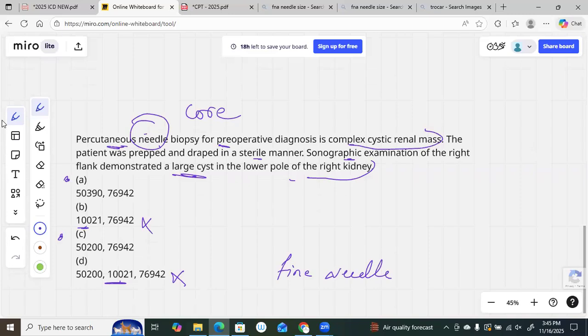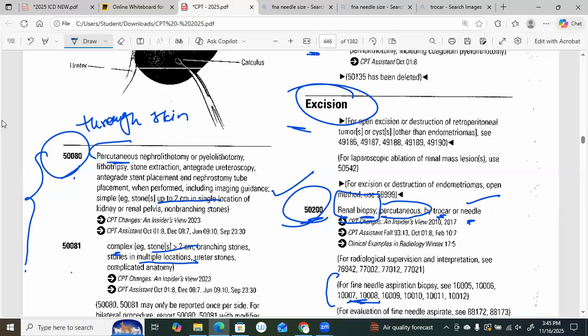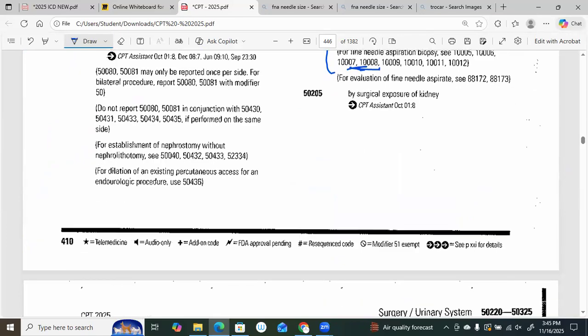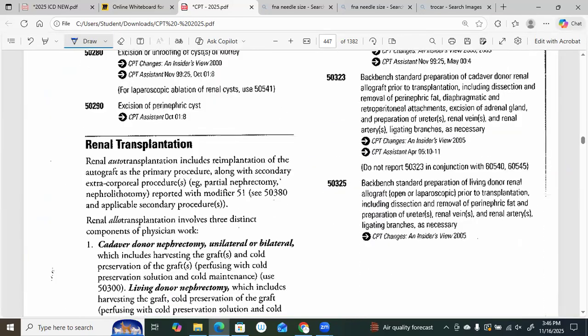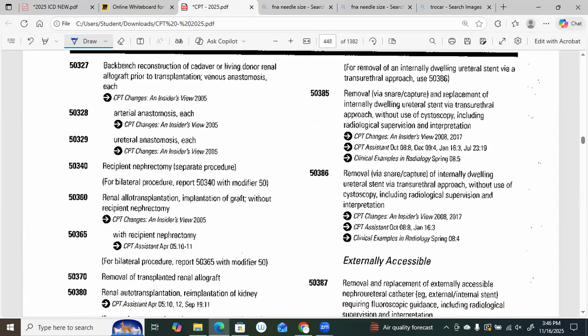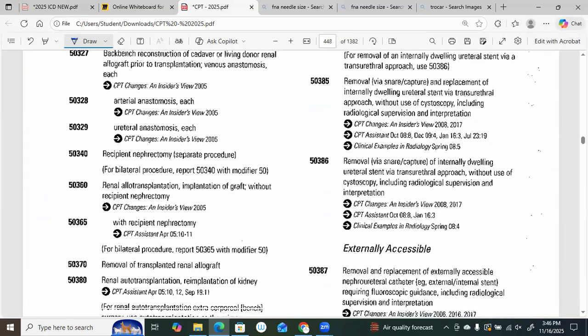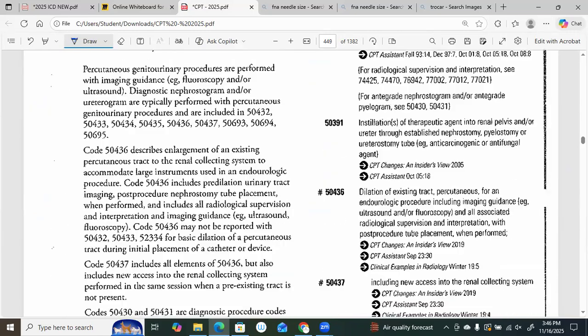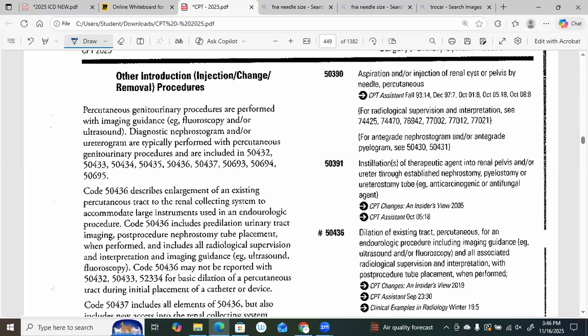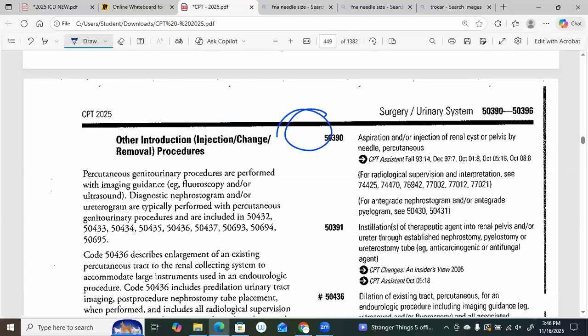The difference between these two is 50390 and 50200. So 50200 is a renal biopsy with the needle approach itself, and 50390, let me pull that code. So 50390 is an aspiration, aspiration or injection of the renal cyst or pelvis by needle.